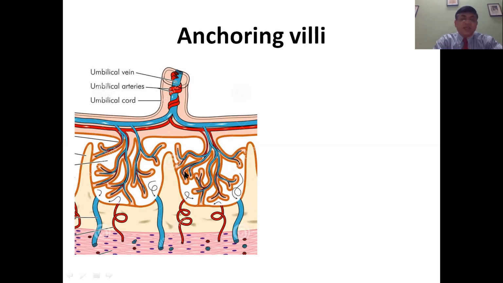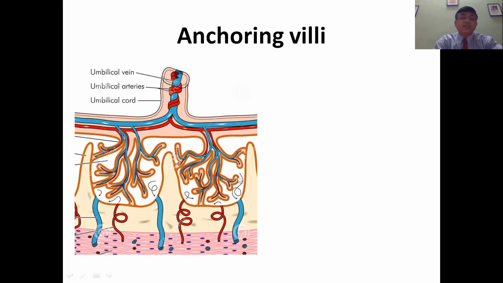And it has these branches, as you can see here. These anchoring villi have branches, and it is through these villi, which are all tertiary villi of course, that the exchange of gases takes place, because these are floating in the intervillous space, which is in the syncytium.